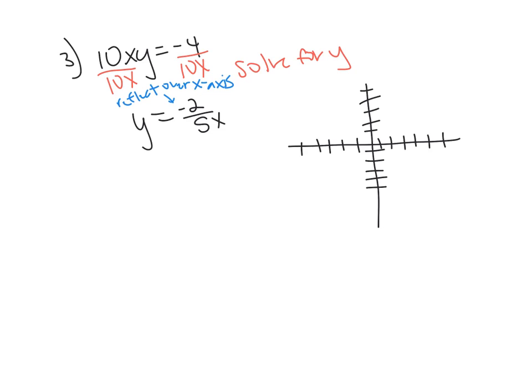Notice I also have a 2 in my numerator, so it's multiplied by 2. Multiplied by 2 is going to be a vertical stretch by 2. And last but not least, we also have a 5 in the denominator. So 5 in the denominator, multiplying the denominator, is going to be a horizontal compression.